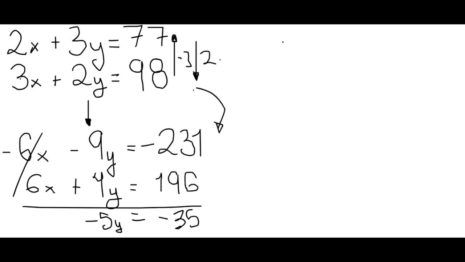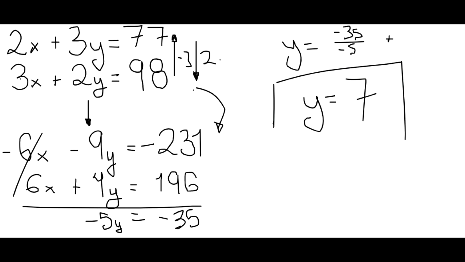So we need to divide 35 by 5. Minus 5, remember the signs, negative, negative, positive, right? So the PlayStation games cost $7 in this bundle.